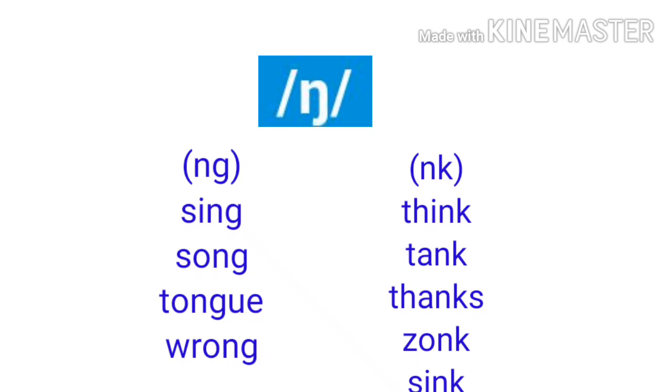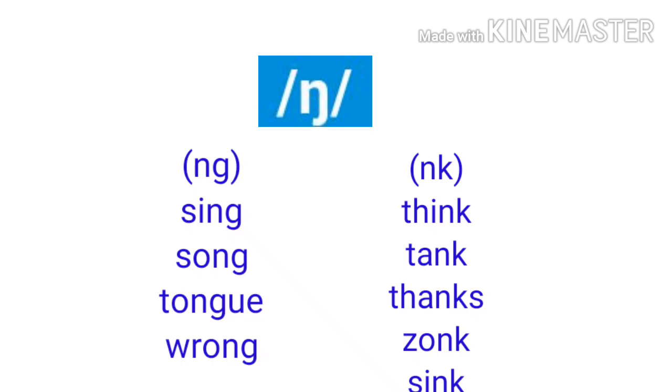And words with NK like think, thank, thanks, zonk all have the N before the K pronounced as ng. And unlike words with NG, the K's are pronounced. It is just the N that is before K that has the ng sound.